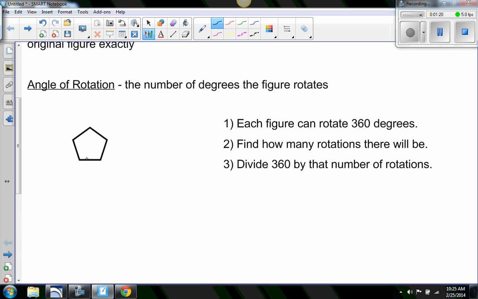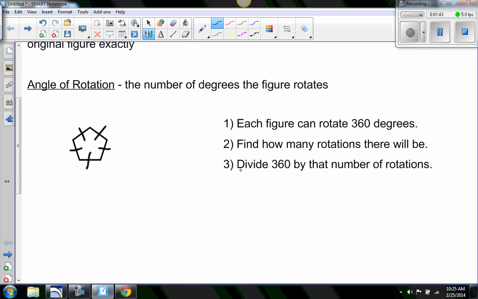So if I take this and I rotate it one time, click, this side would be on the bottom and it's going to look exactly the same, right? So it's going to rotate 1, 2, 3, 4, and on the fifth turn, it will be back to where it started. So it has 5 rotations.